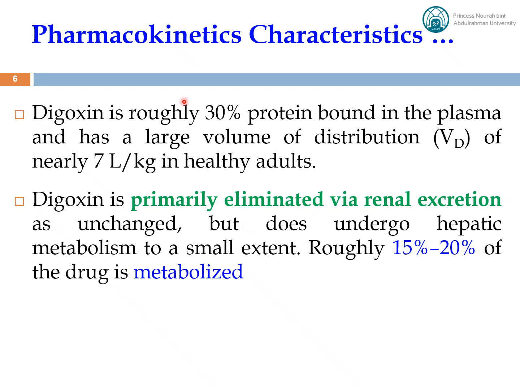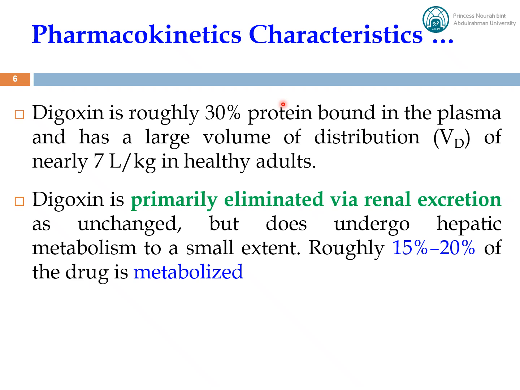To continue with the pharmacokinetic characteristics for digoxin, digoxin is roughly 30% protein bound. In the previous slide, I told you that it has a very long time of distribution, to achieve the equilibrium between drug concentration in the plasma and the drug concentration in the tissues. It's around 8 to 12 hours. Also, I told you that when administered other than the intravenous route, the bioavailability can range from 70 to 100%, because if it is administered intravenously, it will be 100% bioavailable.